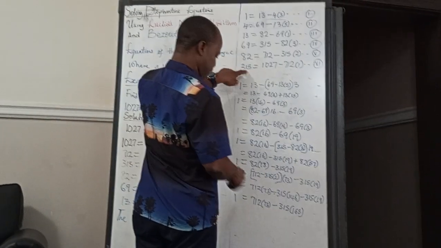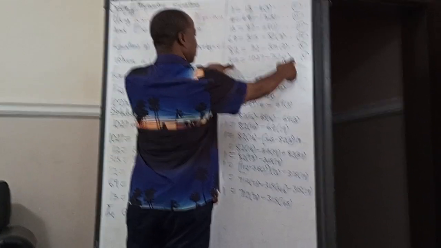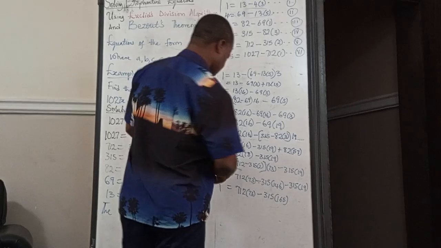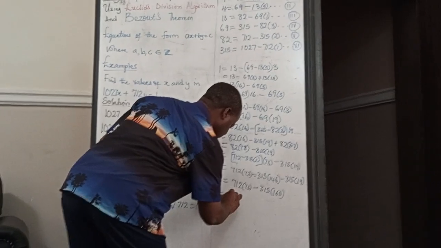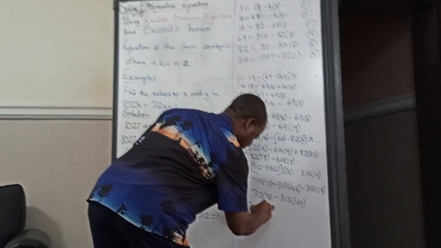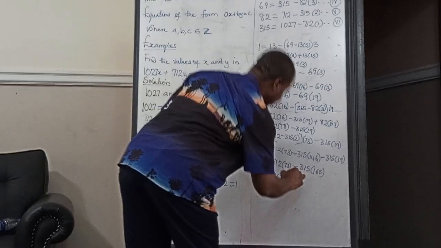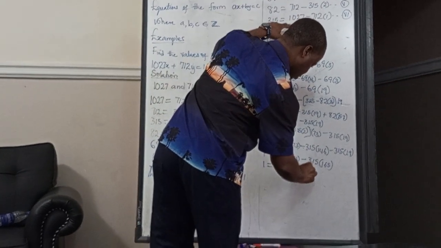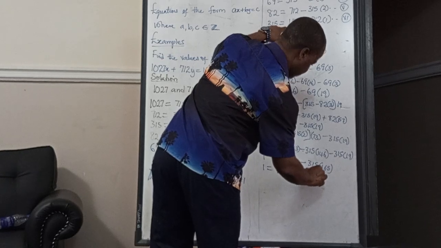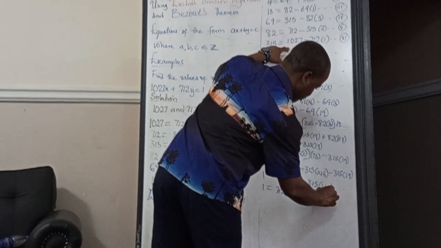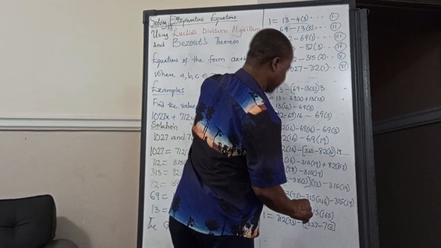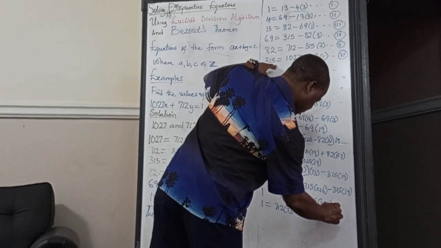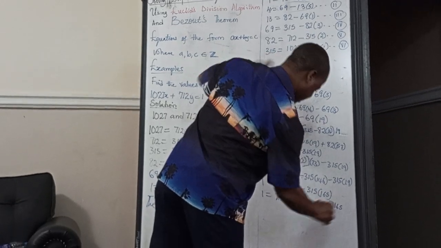So when we have 315 here, we are going to plug in these values so that we have 1 is equal to 712 times 73 minus, where we have 315, we write 1027 minus 712. That takes the place of 315, then times 165 that is outside.